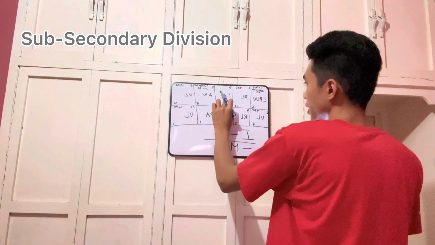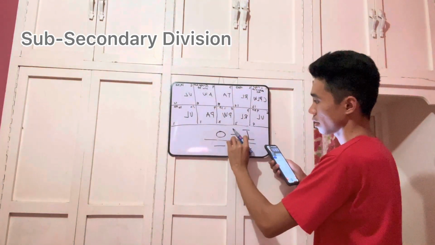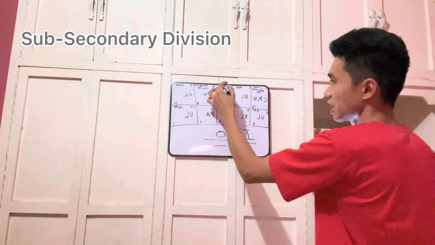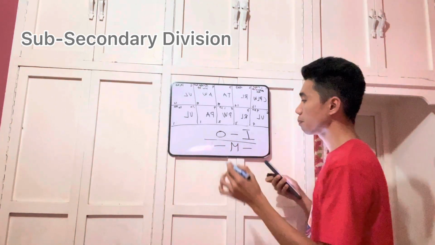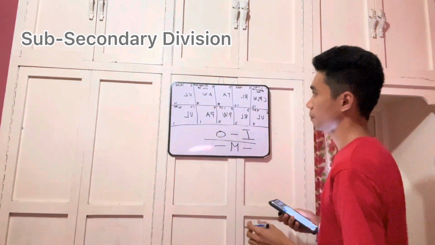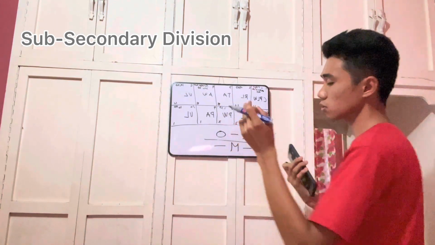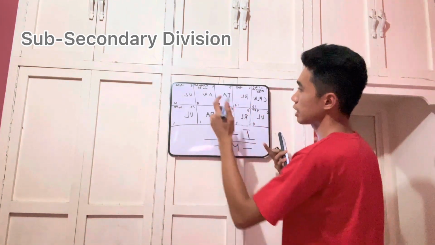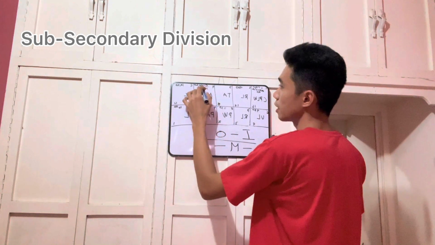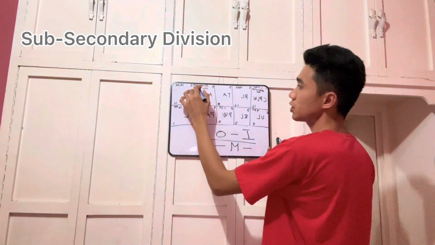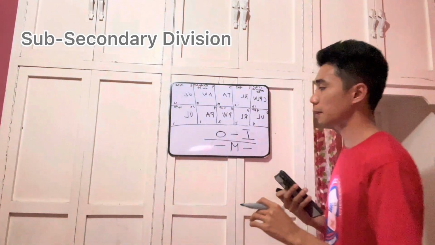Sa tented arc is wala siyang value. So, we will put the dash here. So, sa middle yon. So, sa ring finger na natin is have a 5 ridge below. Oh, sabi niya may below na siya.